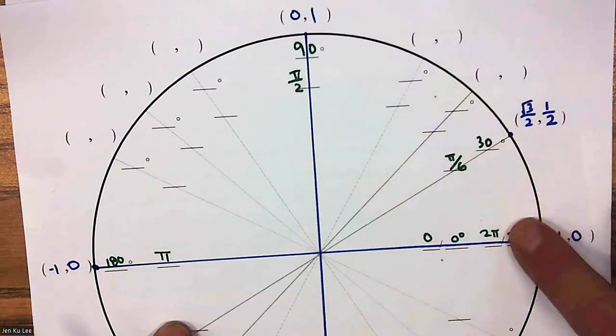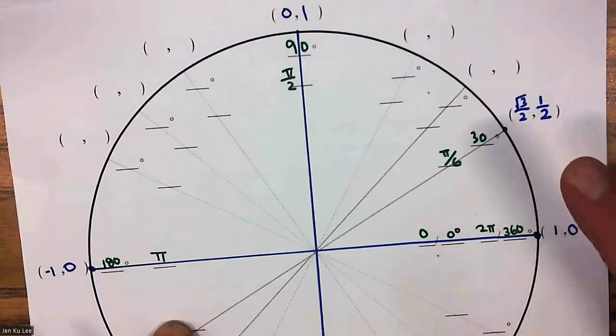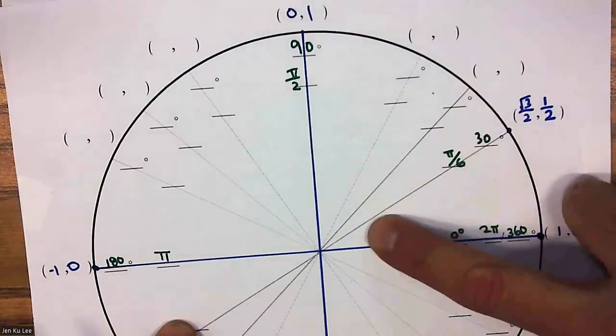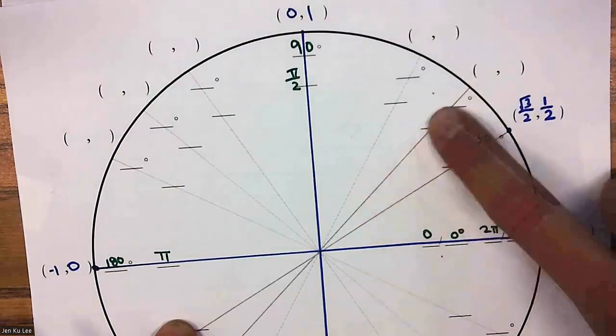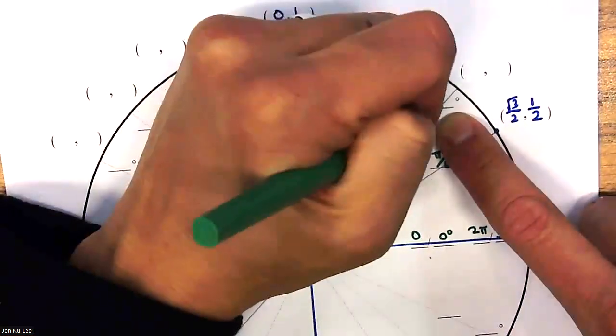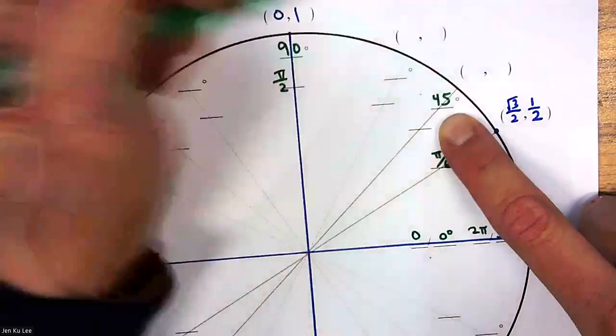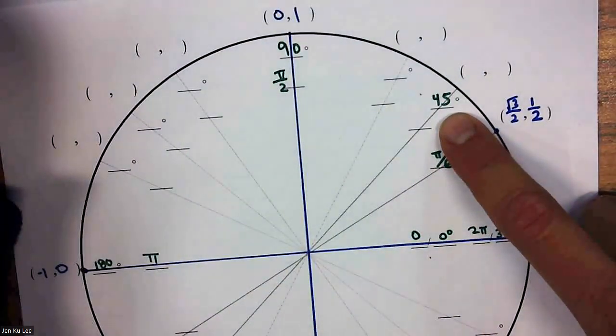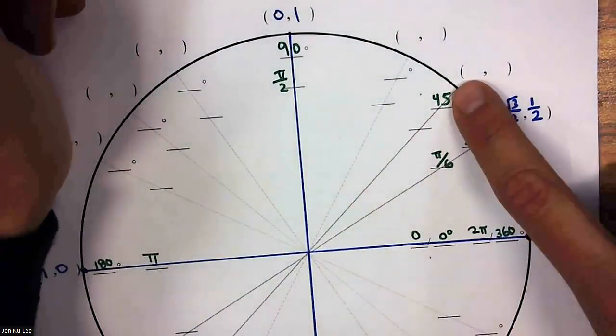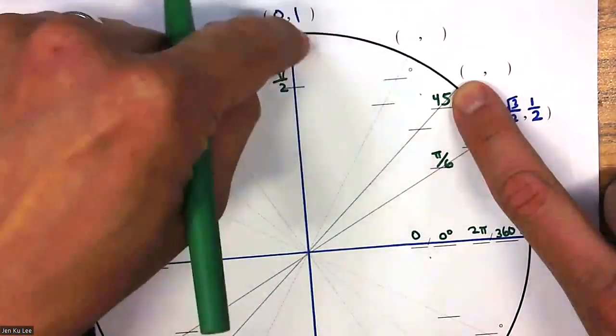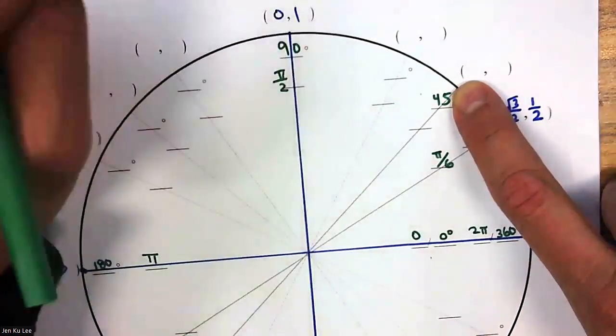I'm going to just finish this quadrant out and it will be done. Before I move to the next line here, I'm going to fill this out. This is a 45-degree angle, because it's split right down the middle of this quadrant, which is 90 degrees.